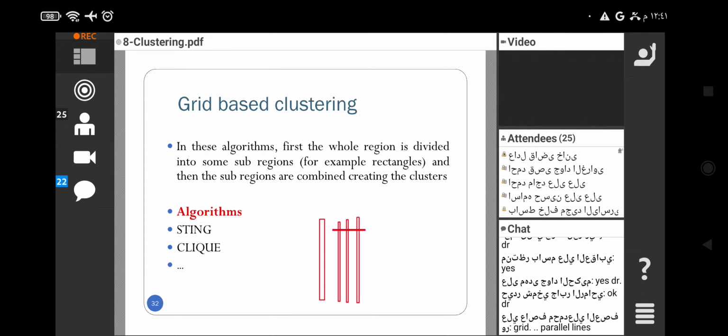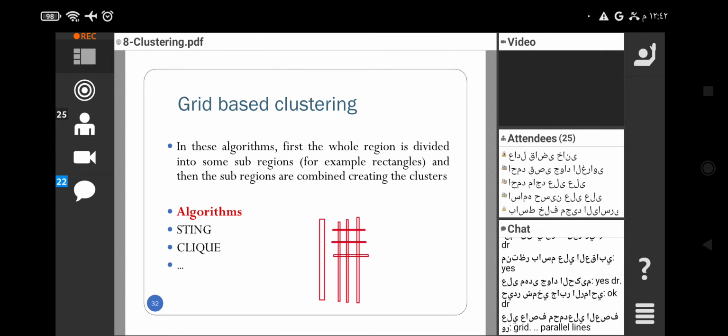So on the data we have a grid. It means we have some small areas, and the clustering is done by combining these small areas into bigger areas, and the clusters are the bigger areas.